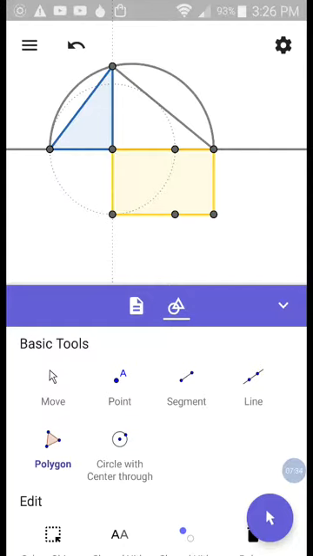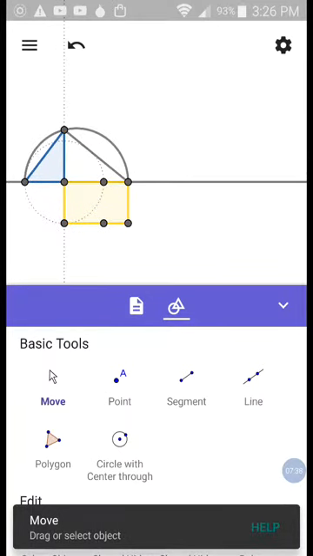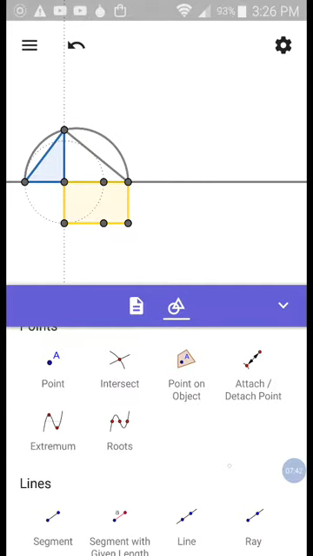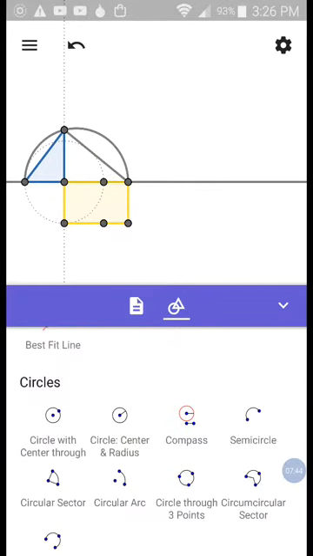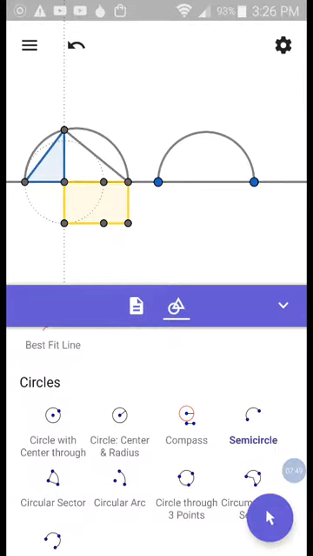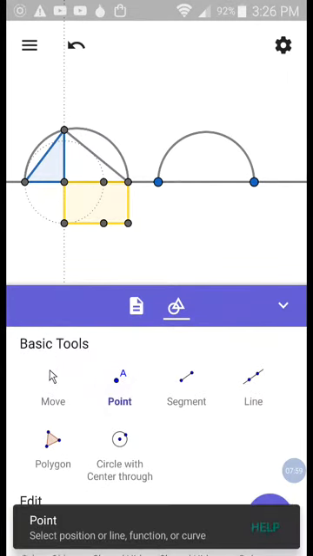So the general rule for this is that if you have a unit, let's see, we just want to put a point here.